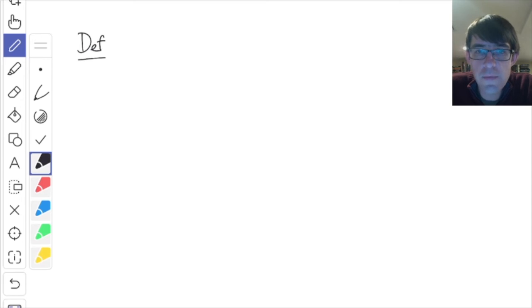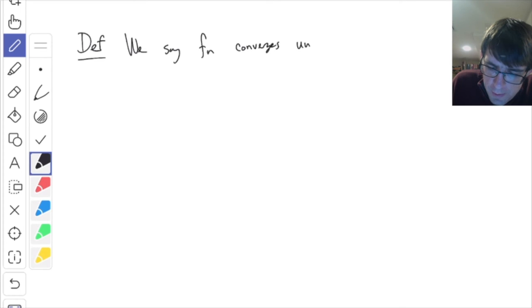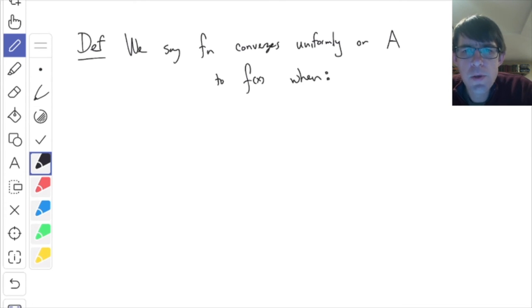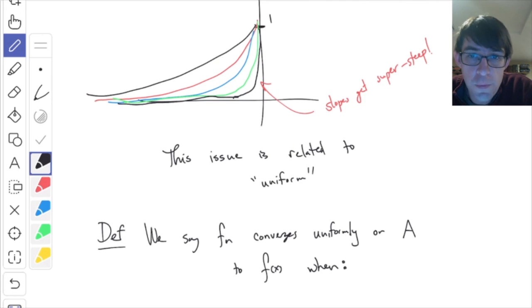So here is the definition of uniform convergence of functions. We say that a sequence of functions fn converges uniformly on some domain A to some other function f of x when, now do you remember the definitions of continuity versus uniform continuity?